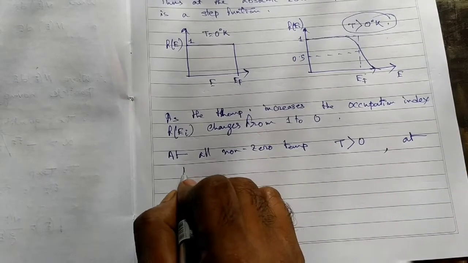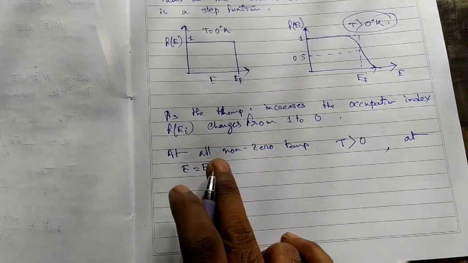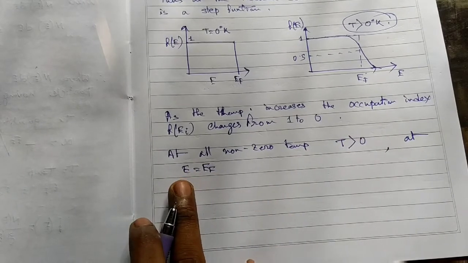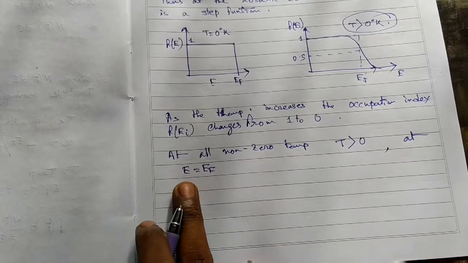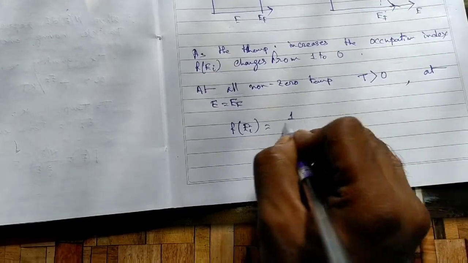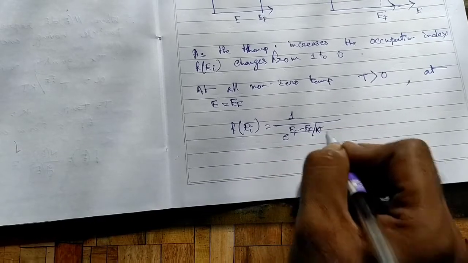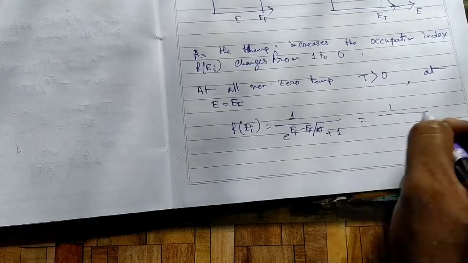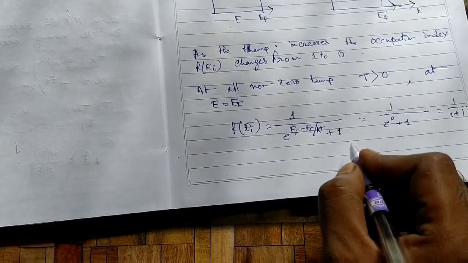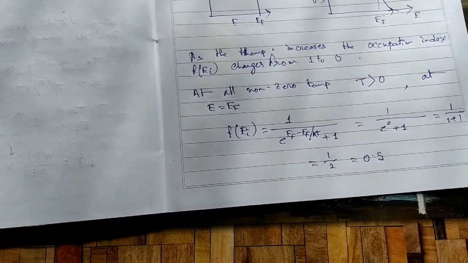at E is equal to Ef. For all non-zero temperatures, when the Fermi energy and the arbitrary energy become equal, if you put in the function 1 by e to the power (Ef minus Ef) by kT plus 1, it becomes 1 by e to the power 0 plus 1, which is 1 by 1 plus 1, which is 1 by 2, representing 0.5.